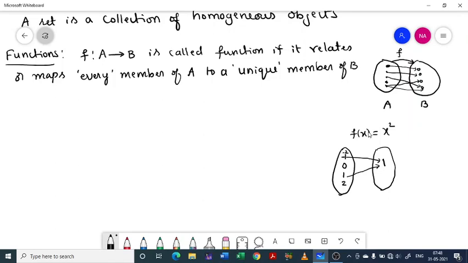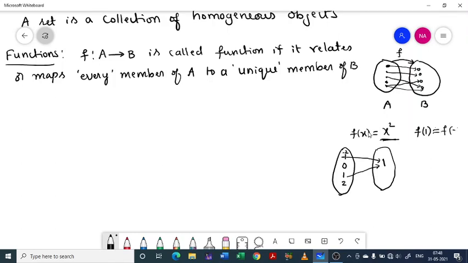So two entries of A are mapped to a single entry of B. So this is acceptable. The thing is, -1 is mapped to 1. That's all. The -1 member of A is mapped to a unique member of B, and the 1 member of A is mapped to a unique member of B. Whether f of -1 equals f of 1, that is not a problem.